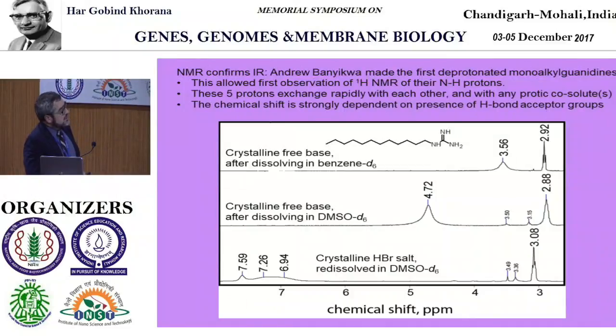And by comparison, this chemical shift value is much farther downfield in the hydrobromide salt, which can be made from this free base just by adding HBr, removing water, and then redissolving in the DMSO D6.